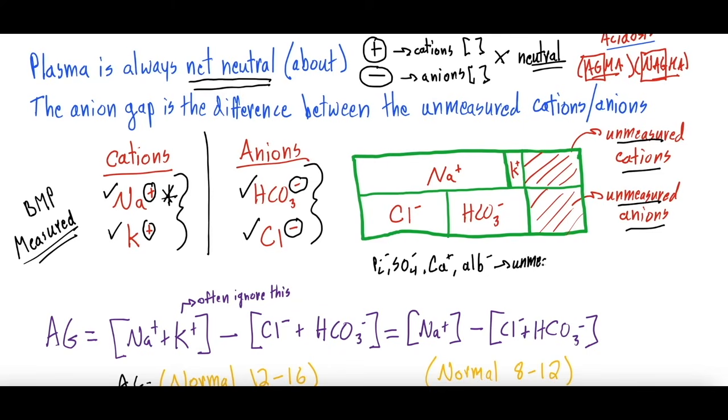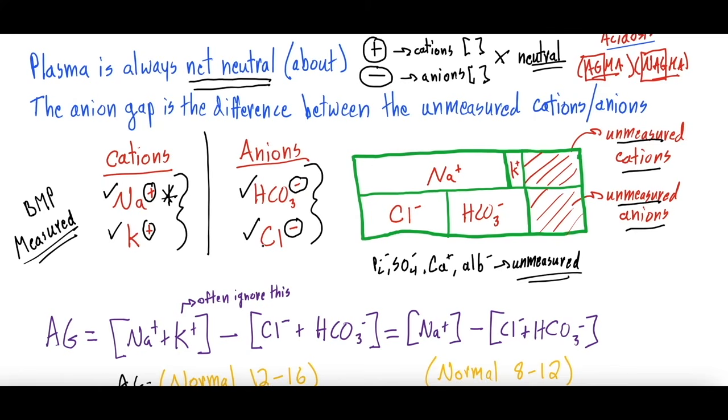You can measure them in fancy science experiments, but we don't traditionally measure them daily in the hospital, with some exceptions like calcium, phosphate, and sometimes albumin. Nonetheless, the anion gap is just a calculation. The lab isn't doing some fancy thing looking at all these unmeasured ones. The lab is literally taking the sodium and potassium and then subtracting the bicarbonate and chloride. We'll get into this a little bit more because they don't always look at the potassium.